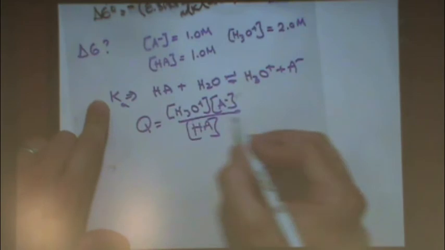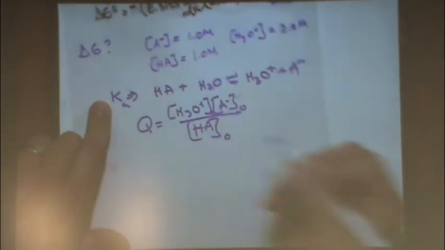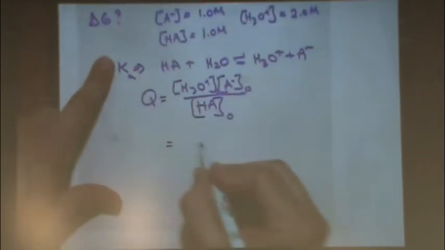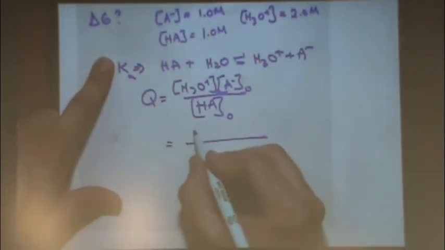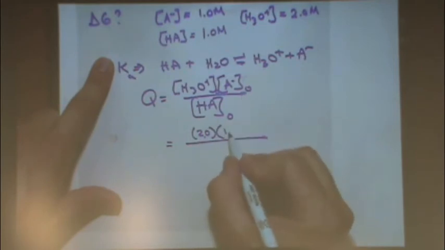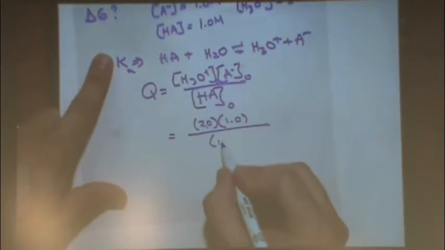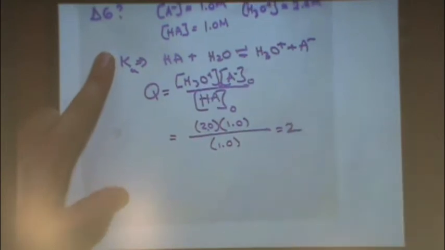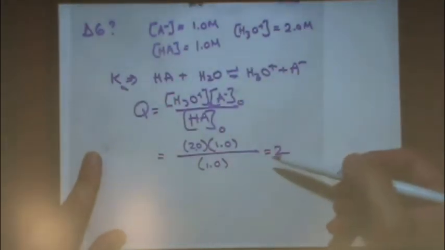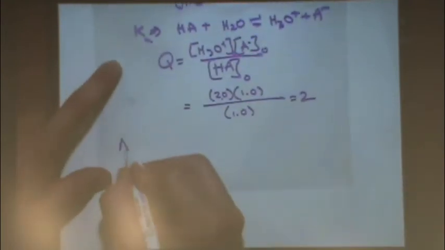Remember, these are all initial values for whatever state I'm starting at. So Q in my case is 2 molar times 1 molar over 1 molar, or 2. I just plug these numbers in, and now I can find delta G.